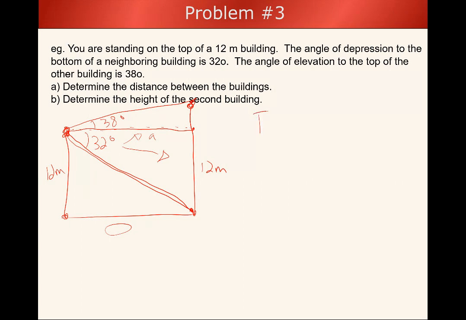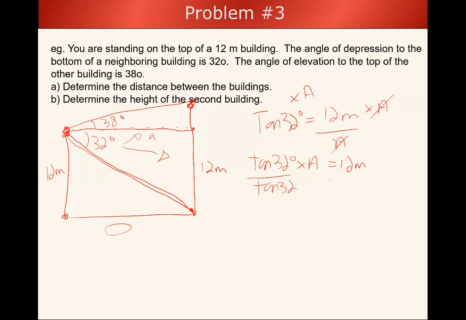So here we go. Tan 32 is equal to opposite, that's 12 meters, over adjacent. Again, it's a bit of a pain because the variable's in the bottom. That cancels the A out, and you've got tan 32 degrees times A is equal to 12 meters. Last thing you do is you divide both sides by tan 32.